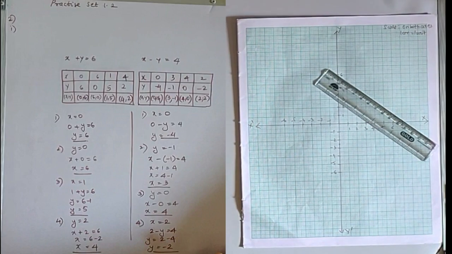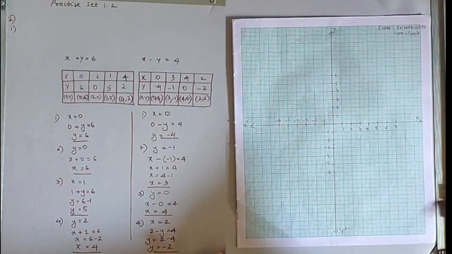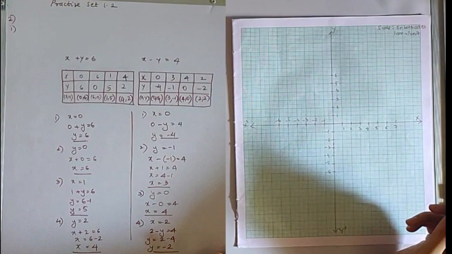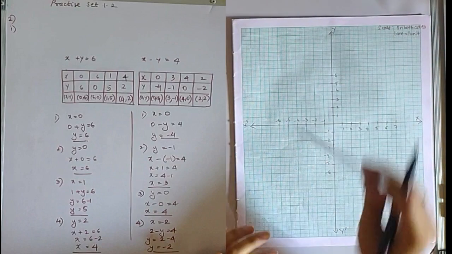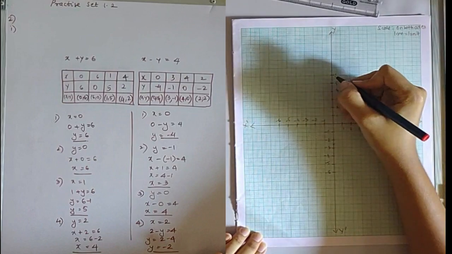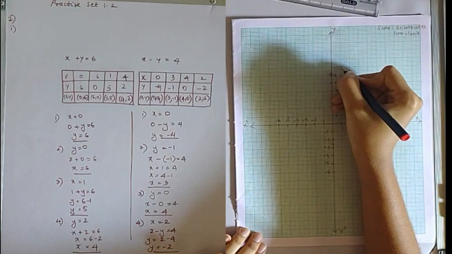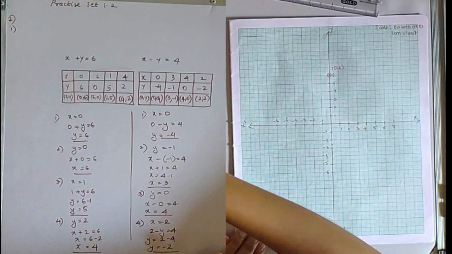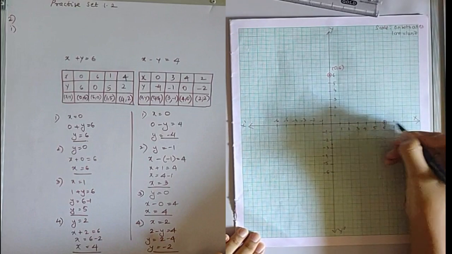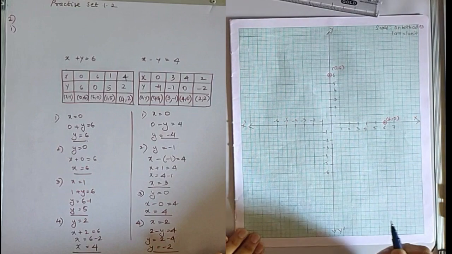Now let's start plotting these points which we have got on the graph paper. The points for the first equation are 0 comma 6, which will be on the y-axis. Next, 6 comma 0, which is on the x-axis. Next, 1 comma 5.